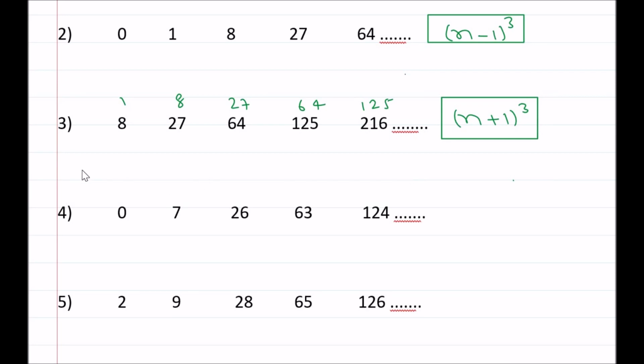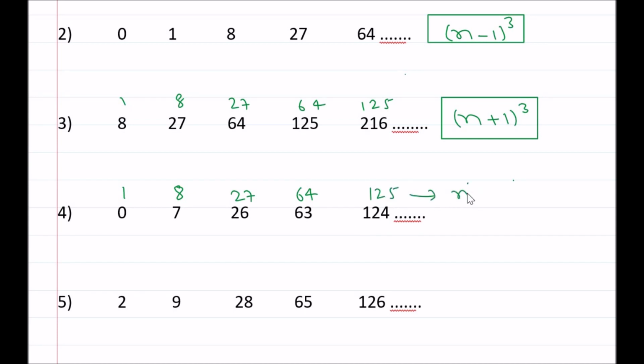Now let's take the next one. Again, let us write the cube numbers here. They are near to cube numbers if you see: 0, 7 is near to 8, 26 is near to 27, 63 is near to 64, 124 is near to 125. So if you write the cube numbers here, 1, 8, 27, 64, then 125, what is happening for this?